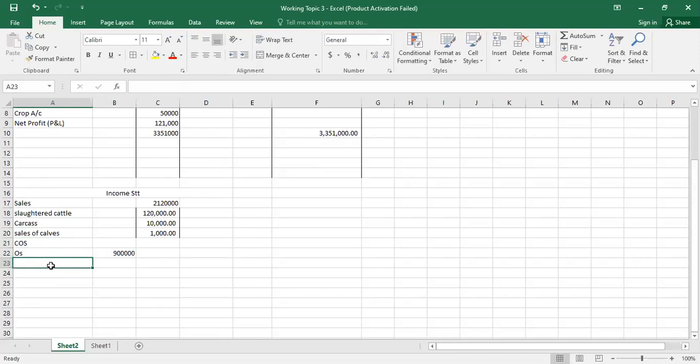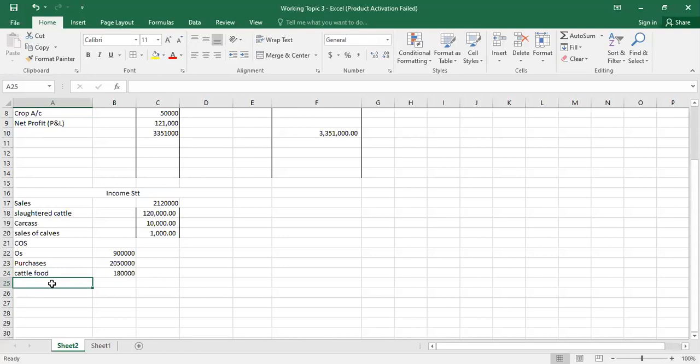Then we have the purchases, what we purchased. The purchases were worth 2,050,000, right? Yes. Then we have the cattle food. What was the value of the cattle food? 180,000.